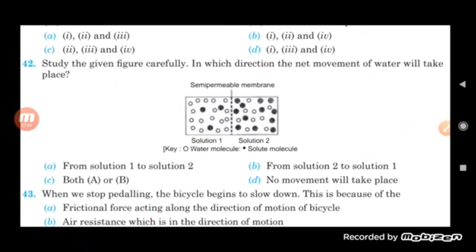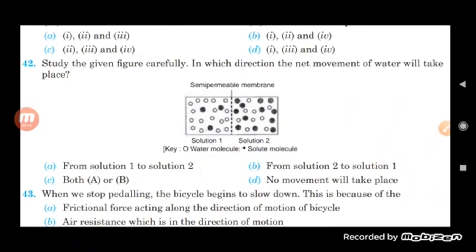So the net movement of water takes place from where? From solution 1 to solution 2, because we know that the movement from the higher concentration to the lower concentration through a semi-permeable membrane is called osmosis. So the first option is from solution 1 to 2, second from solution 2 to solution 1, third both A and B, and fourth no movement will take place.